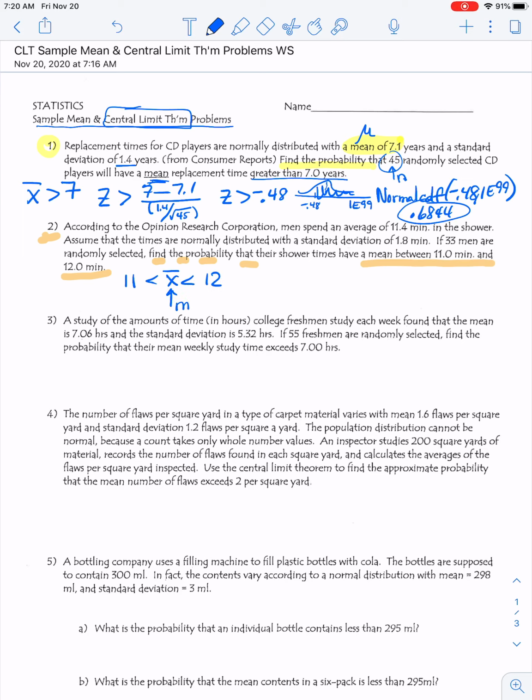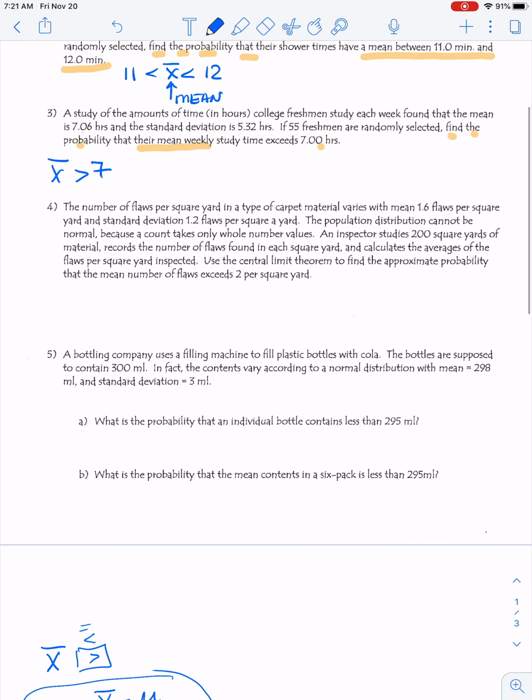Because it says the mean, you'll use this new z formula for central limit theorem. Next one down, find the probability that the mean exceeds 7. So again, the mean greater than 7, and then you use the new z formula. This one just says flat out use central limit theorem.